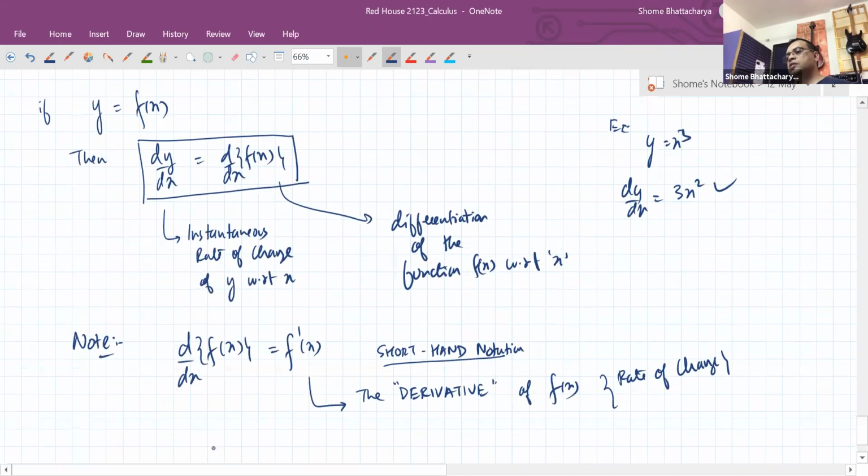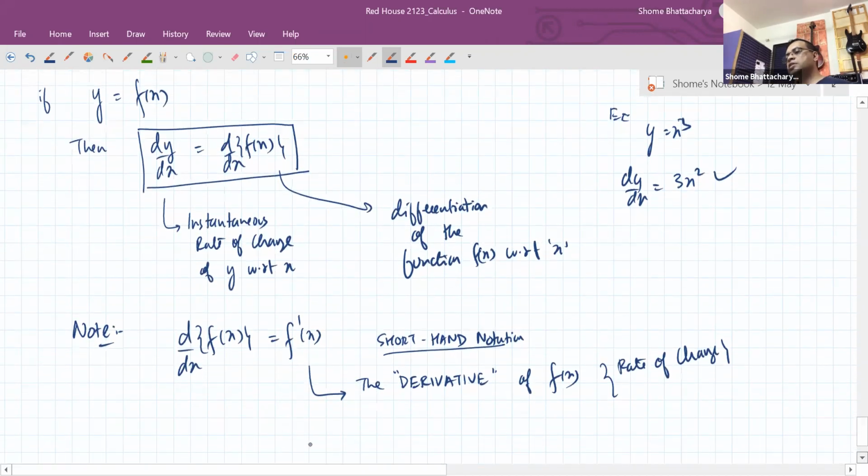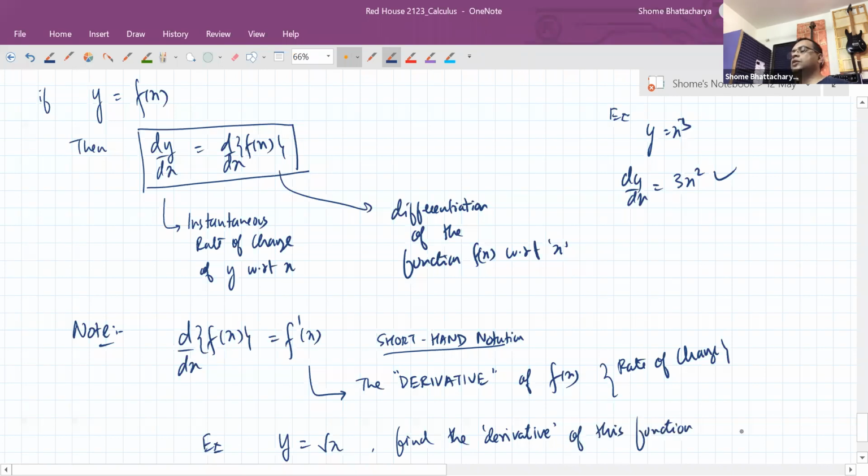So for example, if I have y is equal to square root of x, and I say find the derivative of this function, the derivative will be the differentiation of this function, which you know is this.